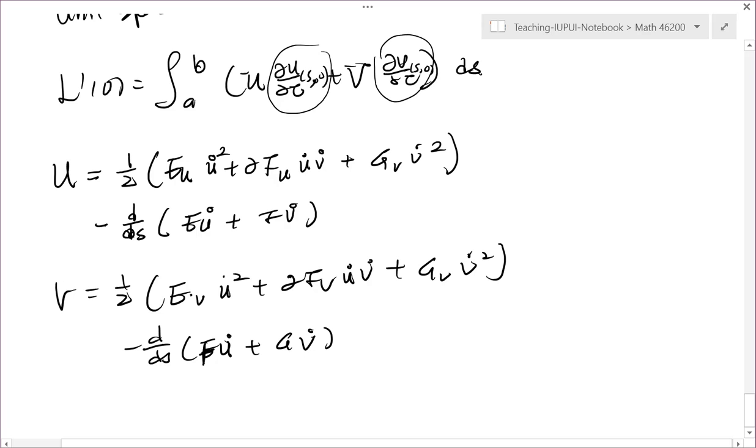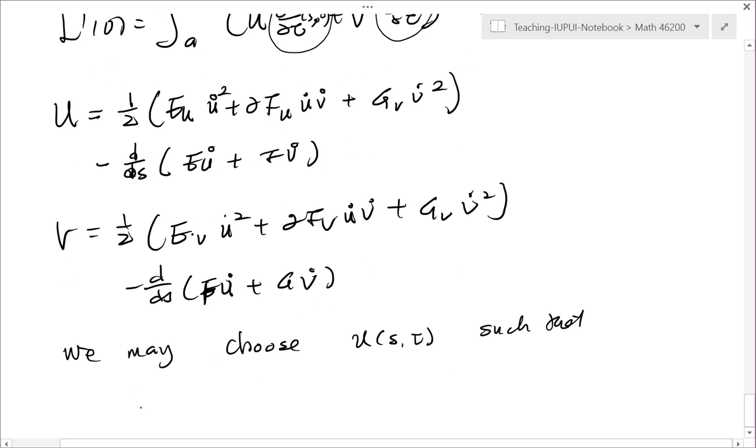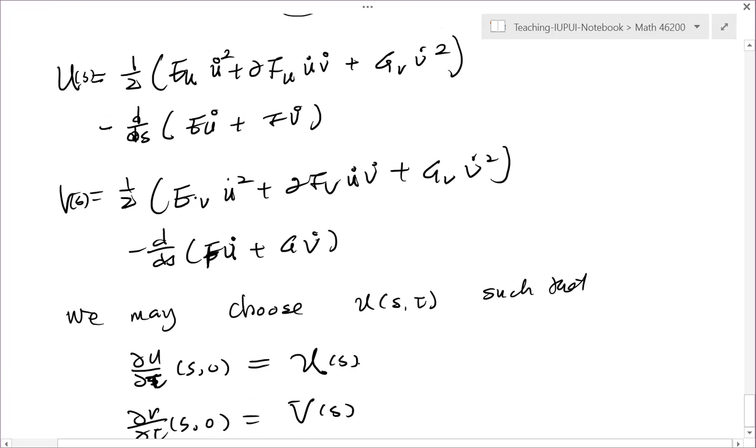So you can choose a variation of the field such that we may choose U_s equal to U. Yes, this is U. And so if you put that, then you will see it's U squared plus V squared.